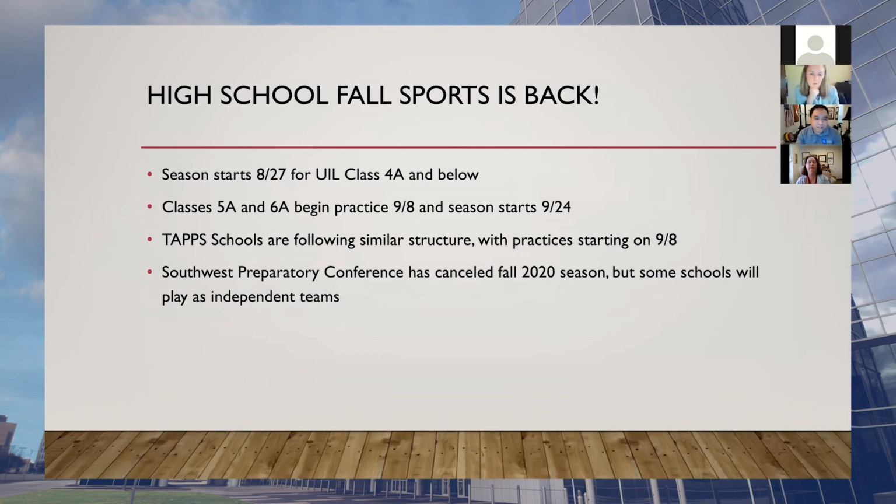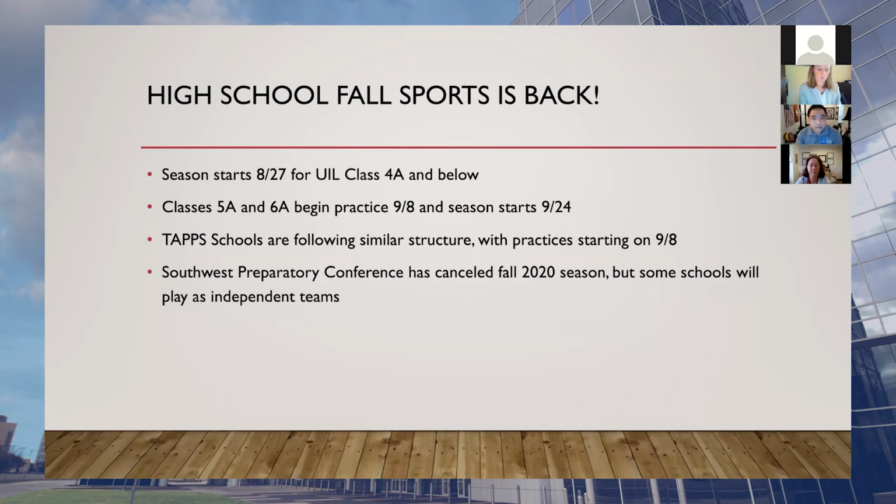In Texas, the governing body for public schools is UIL, otherwise known as the University Interscholastic League. Practice started for 4A schools and below earlier this month, but their football season technically starts this Thursday or Friday.